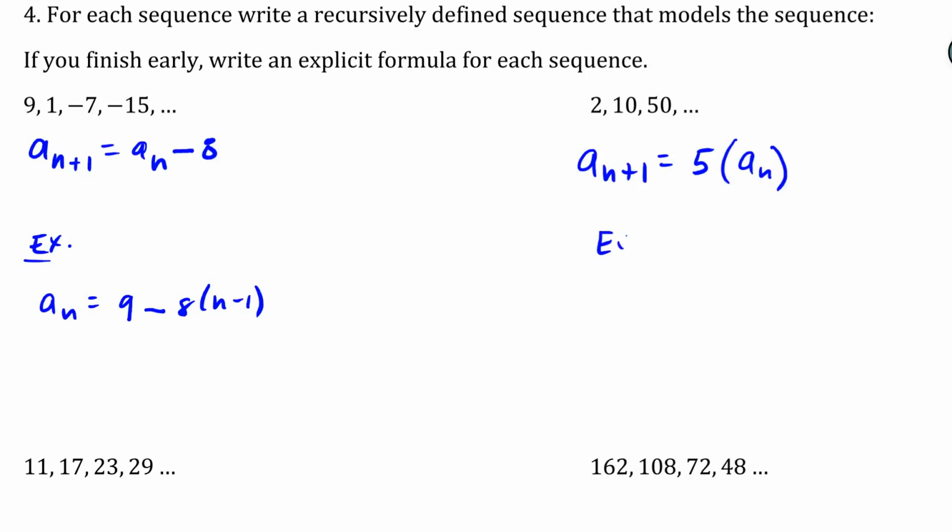If we wanted to find the explicit formula, this would be a sub n is equal to the first term times the ratio to n minus 1. So there are going to be some reasons why we need the recursive sequences and some examples where we might need the explicit formula. So we want to be able to show both.